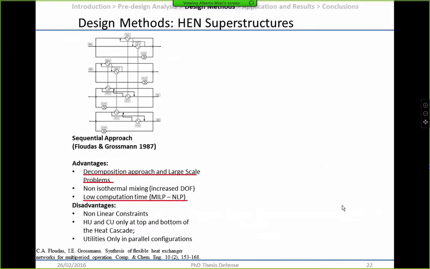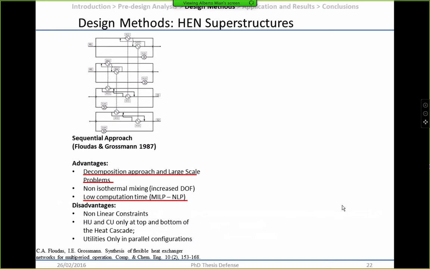Given this problem, I considered an existing approach, a sequential approach developed in 1987, the year I was born. This is the configuration of the heat exchanger network I was talking about. This sequential approach allows us to determine a solution where the system is described by the heat exchangers.